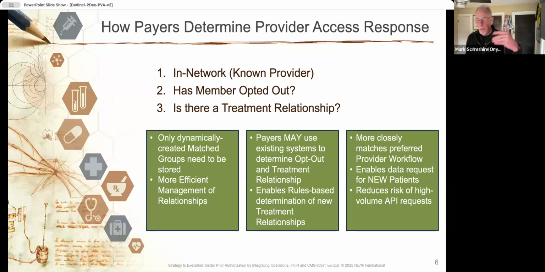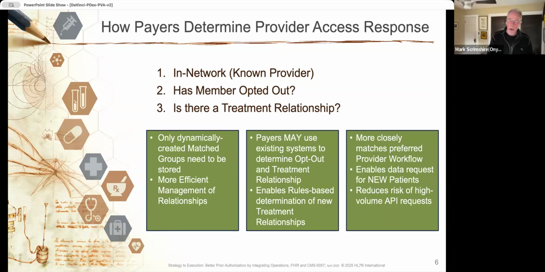So member opt-out is one of those checks. And then, is there a treatment relationship? As in the examples I've given, there could be different rules that the payers apply. In our PDex community calls, some people have said they might want to take the X12 eligibility check as an indication.